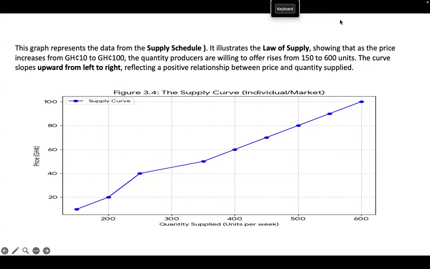Even if you put thousands on it, still people will buy it. So when it comes to some products, it doesn't follow the normal law. The same thing applies to supply.